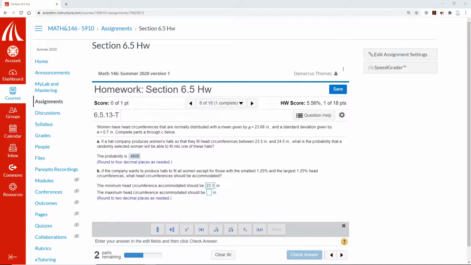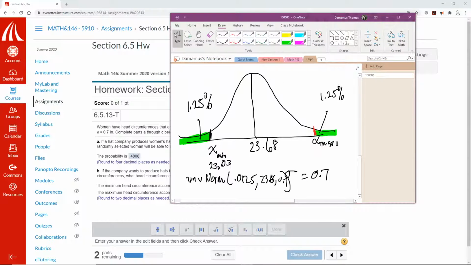And let's check the maximum. So the problem is that inverse norm only works when you have the area to the left. But the problem gives us the area to the right. So what would be the area to the left? If the area to the right is 1.25, what is the area of the remaining piece?